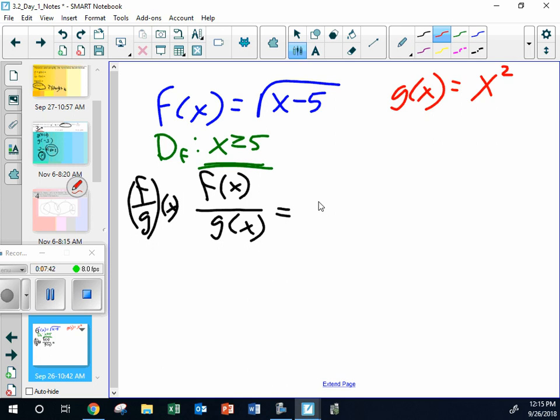All right. g of x is x squared, and it has a domain also. Would you agree that g of x has a domain of everything works? You can't crash that thing because it doesn't have a square root and it doesn't have a denominator. Just remember, sometimes the most confusing ones are the ones where you can't crash it. The domain is therefore all reals. How do I write that?